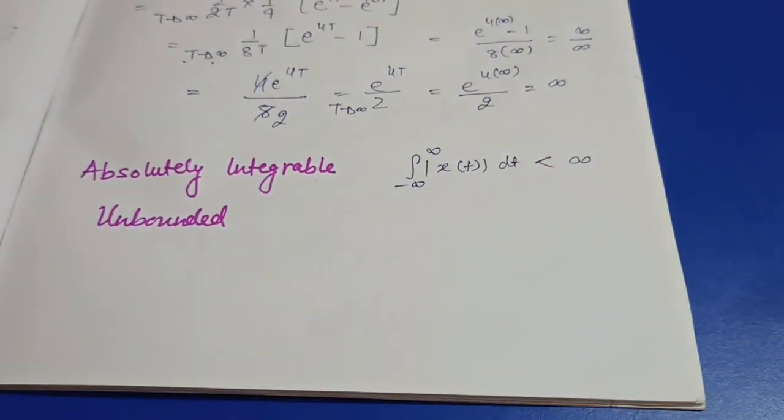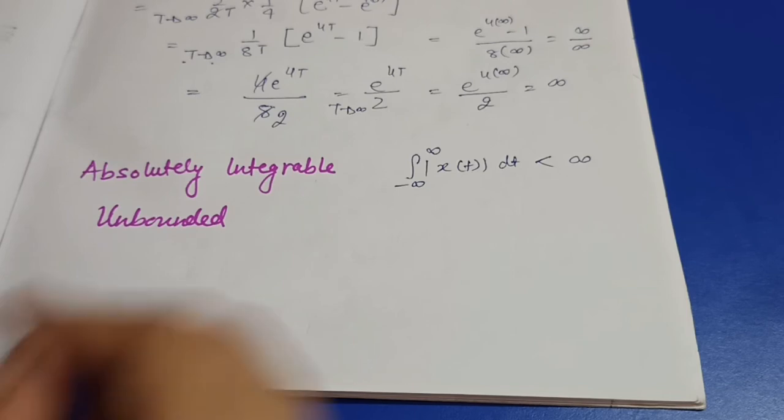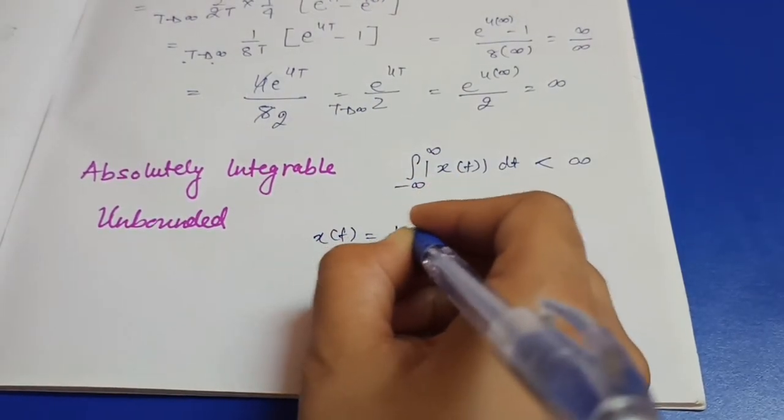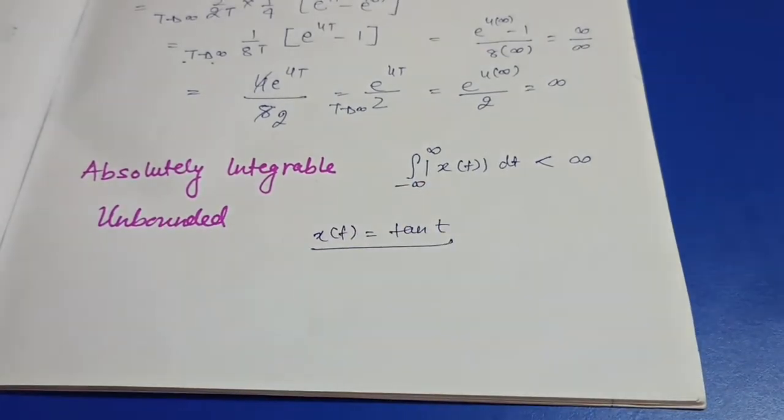So this means absolutely integrable. Cool. Now the second one is unbounded. Unbounded signals are those signals in which at any point the value becomes infinity. That means we have a signal and at some point the value becomes infinity. Let's take as example x(t) equals tan(t), the tangent signal.